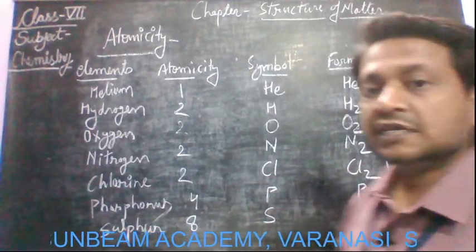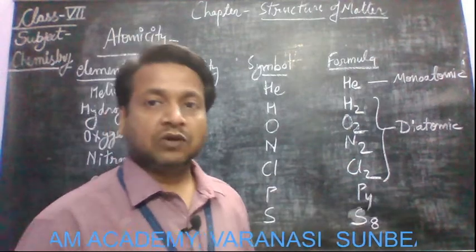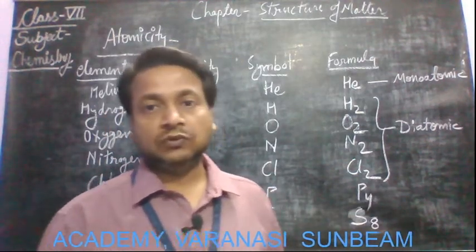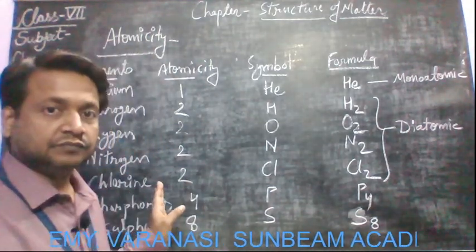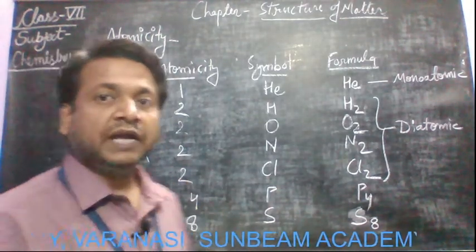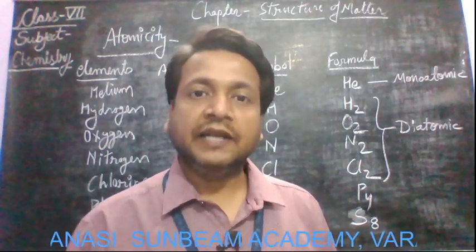And these will be termed as polyatomic, meaning more than two atoms are present in one molecule of these elements. So children, I hope that you understood about atomicity. Now come to the next topic.